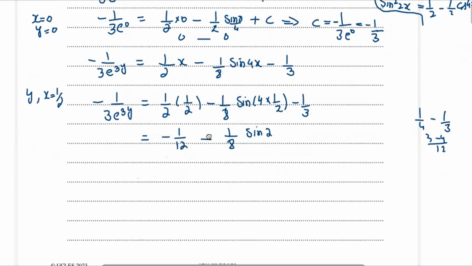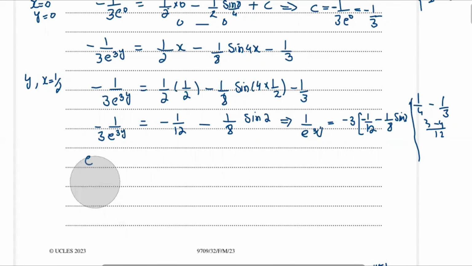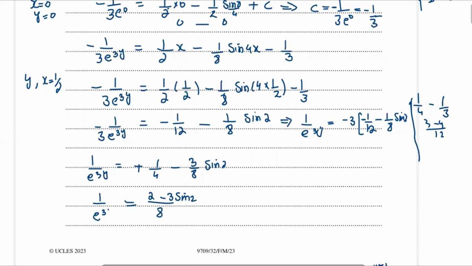Now next is you multiply by minus 3, the value becomes 1 over e power 3y will be equal to, you multiply it by minus 3 both sides, you get 1 over 12 minus 1 over 8 sine 2, 1 over e power 3y will be equal to minus 1 over 4 plus 3 over 8 sine 2, and you can write it as 2 minus 3 sine 2 over e power 3y.